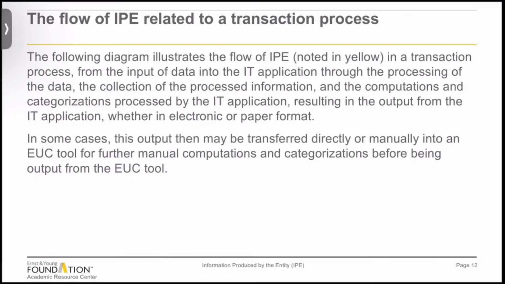So the following diagram on slide page 13 illustrates the flow of IPE, which we have noted in yellow, in a transaction process from the input of data into the IT application through the processing of data, the collection of process information, and the computations and categorizations processed by the IT application, resulting in the output from the IT application, whether in electronic or paper format.